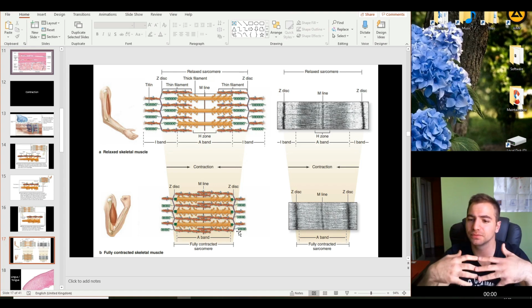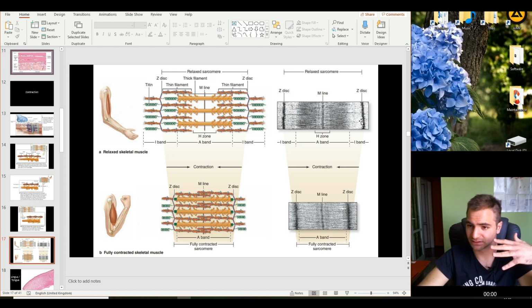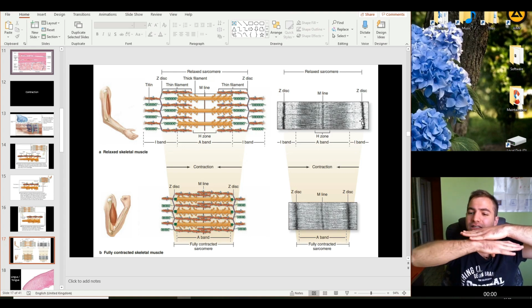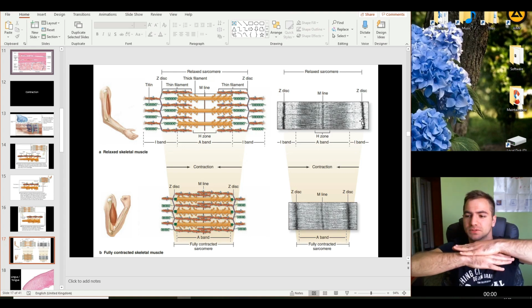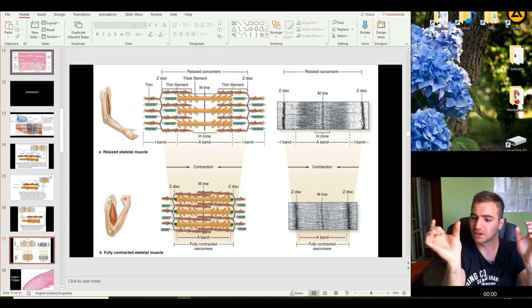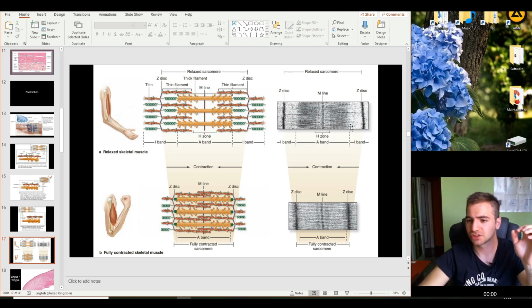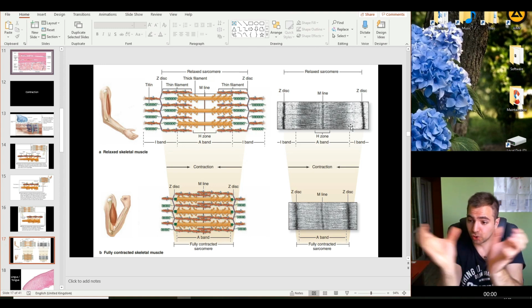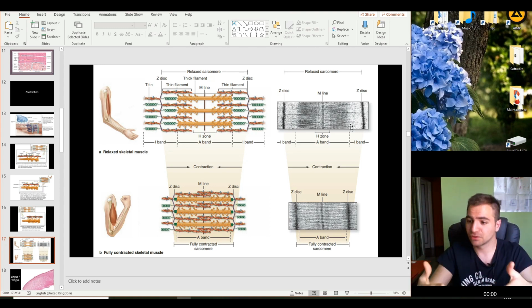So the sarcomere itself shortens, which means that the thin filaments will slide in and stay in this location for some seconds while the contraction lasts, and this is what causes the sarcomere to become contracted. As a consequence, these many sarcomeres together will contract and shorten the length of the muscle, allowing for contraction to take place.